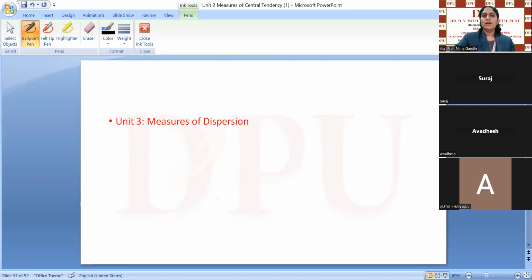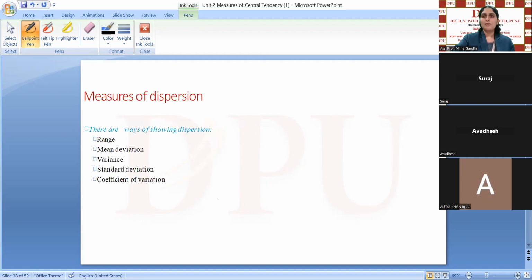So now we'll move to Unit 3, that is measures of dispersion. In measures of central tendency, we are interested in knowing a single value which represents your data. Generally, the arithmetic mean is the value we use for further mathematical calculations.